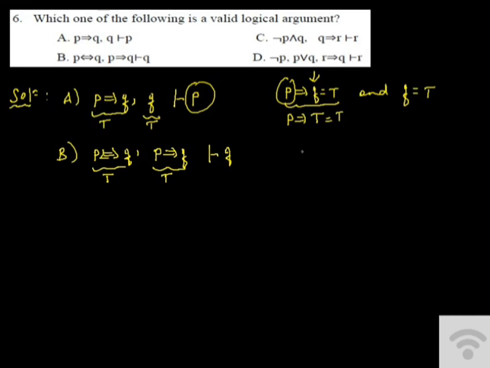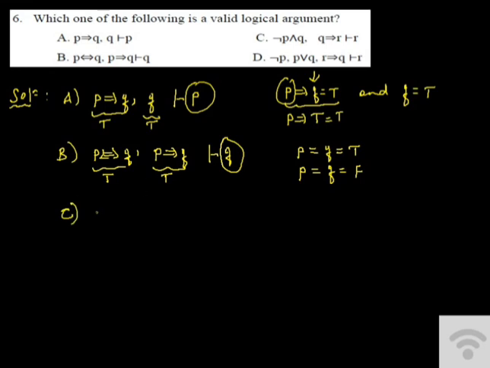So from these premises, P and Q can be both true, or both can be false. So there are such possibilities for P and Q. Since Q has different possibilities, we cannot draw any conclusion about the validity of this argument. So B cannot be a valid argument. We cannot draw any conclusion from the given premises.